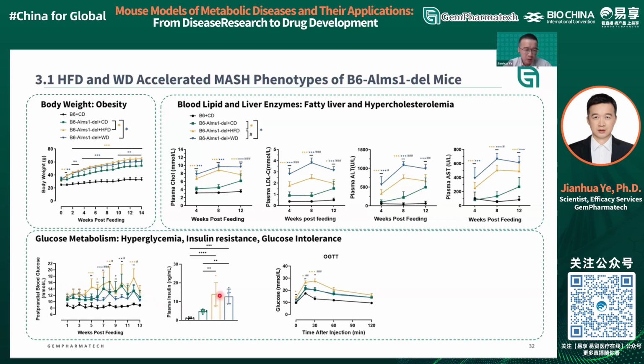And the high-fat diet and the Western diet also increase the plasma insulin level, which means that they can impair the insulin tolerance. And when we do the glucose tolerance test on the mice fed with different diets, we can also find that if the mice is fed with the high-fat diet, its glucose tolerance is impaired much more severe than mice fed with a normal chow diet or Western diet.